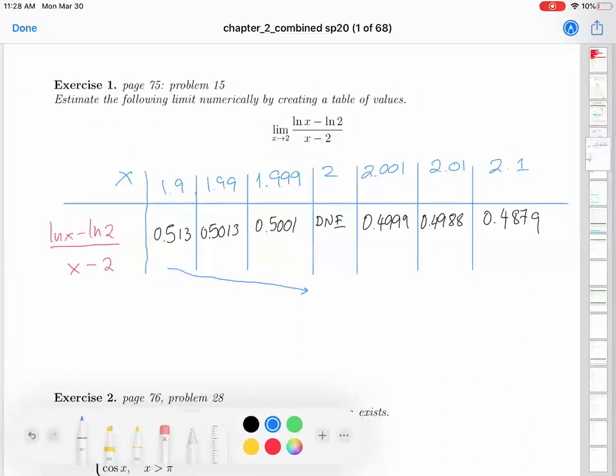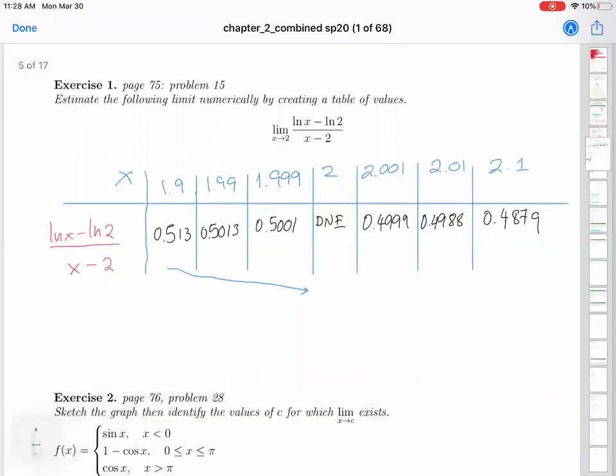So it goes from bigger values and goes down as x goes to 1.99. And from the right side, we start at a smaller value, and it keeps going up. And also it stopped at around 0.5. So the answer for this limit should be 0.5.